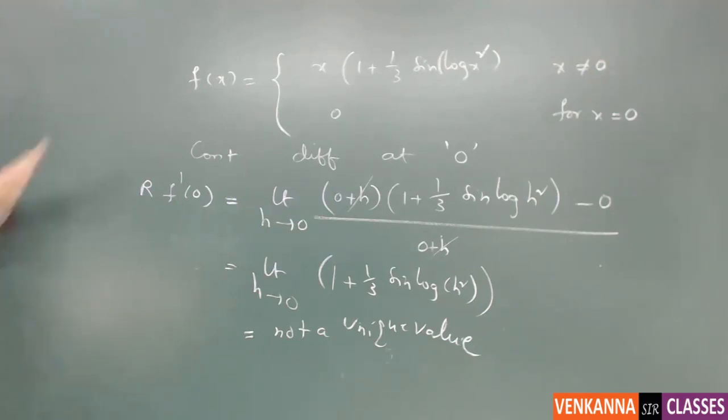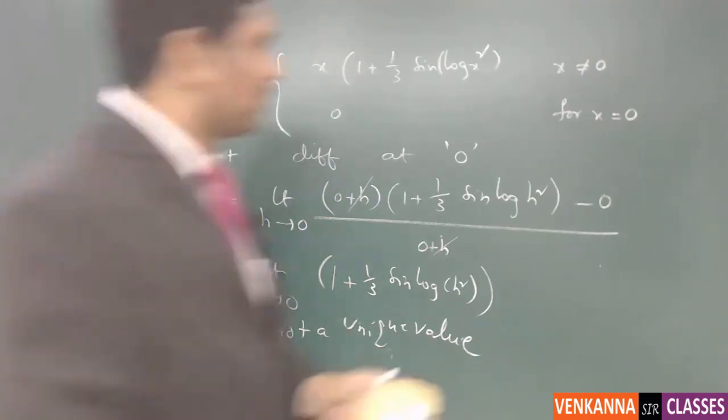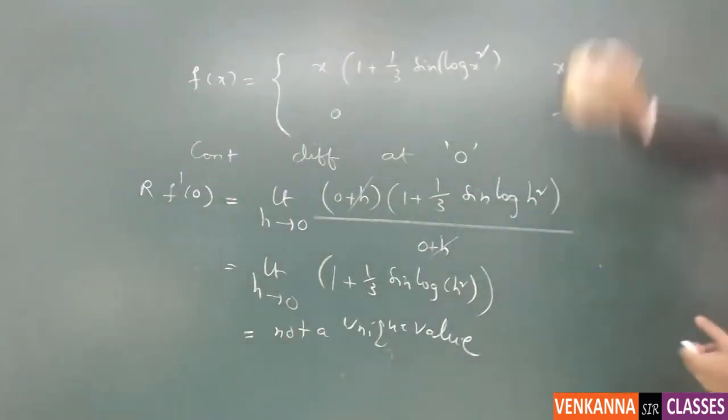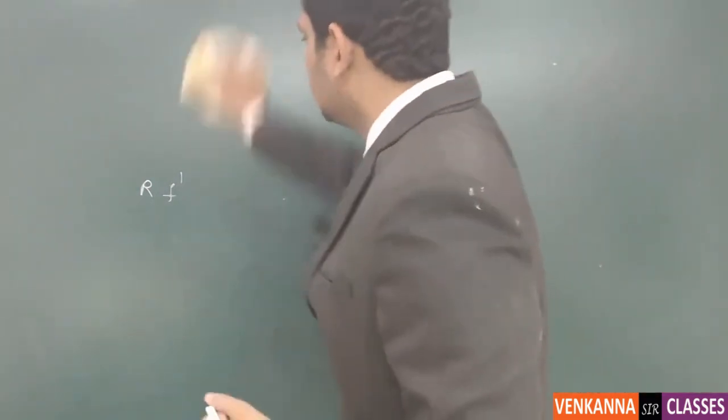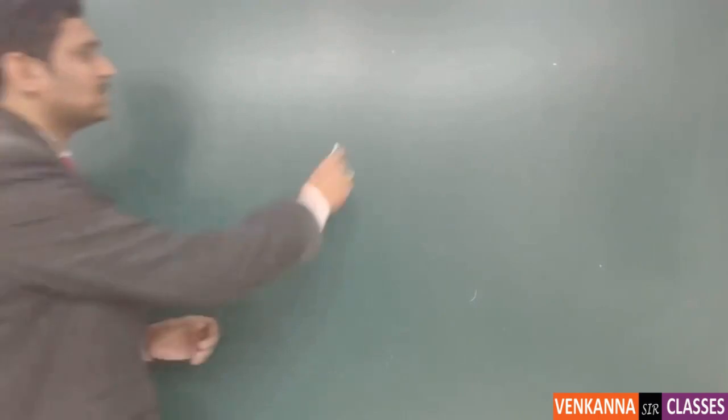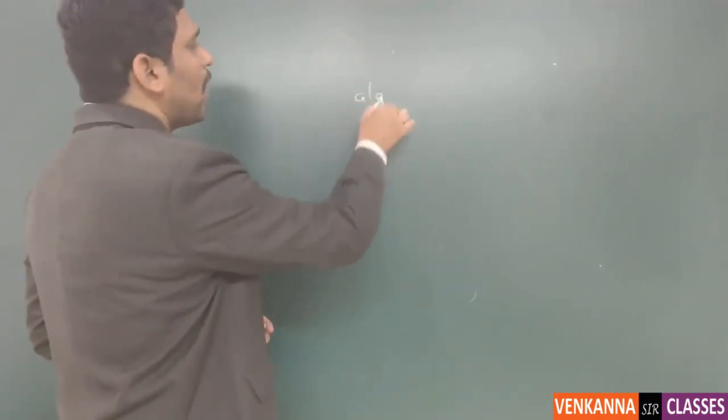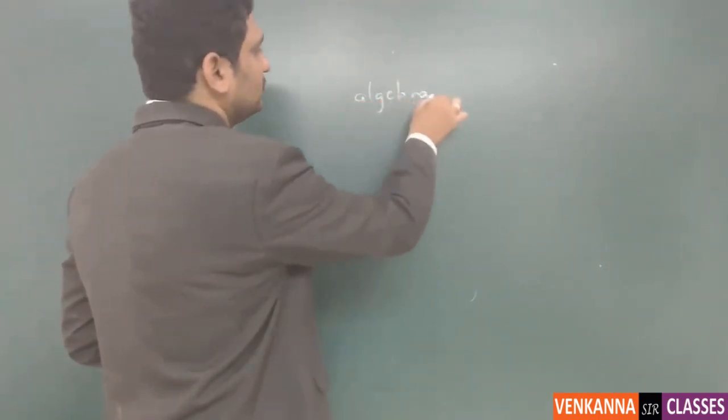So, apart from calculating this derivative portion, let us do something different. Now the question arises that since we know whether a function is continuous and differentiable at a particular point, now what happens if you consider the algebraic properties?